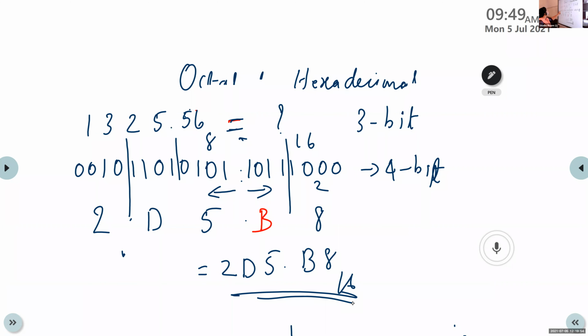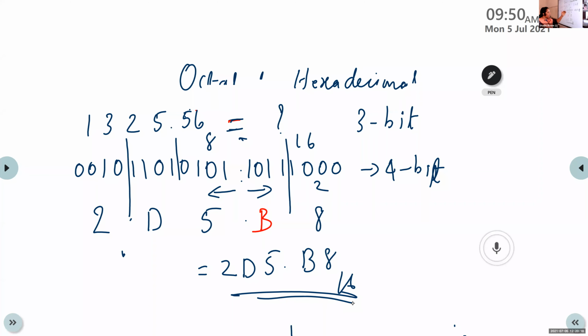If only 3 bits are there, add one more 0. Here 4 bits are there, so no need of adding one more 0. Then in this section, 1, 2, 3, 4, this is the first group. After that, only 2 bits are there, so add 2 more zeros. So the last group is 1, 0, 0, 0.